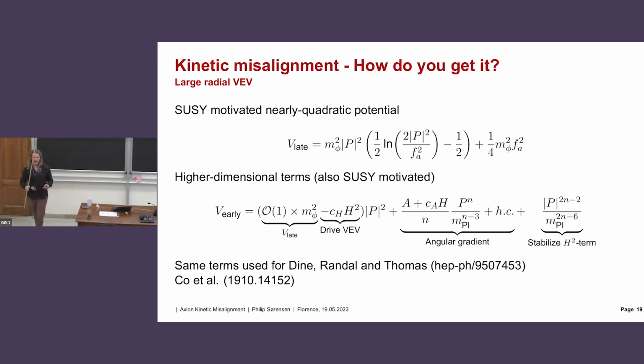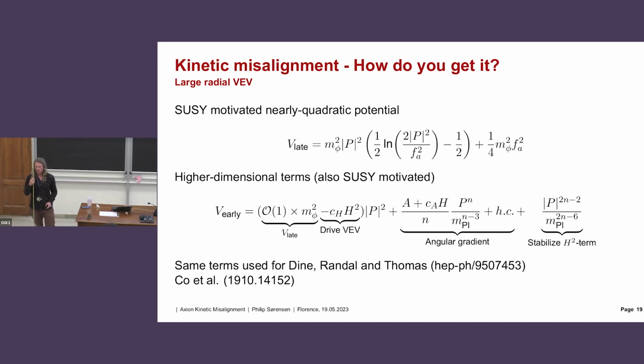And then the kick happens when you roll out of this early minimum towards the zero temperature potential. And then you initiate the rotation there. So here we're considering either a QCD axion or an ALP.